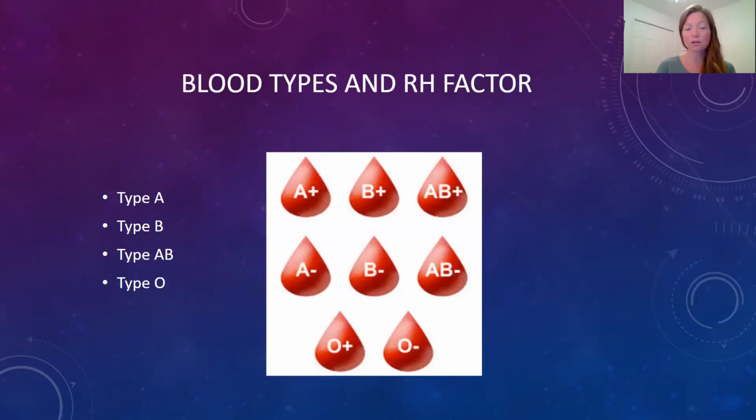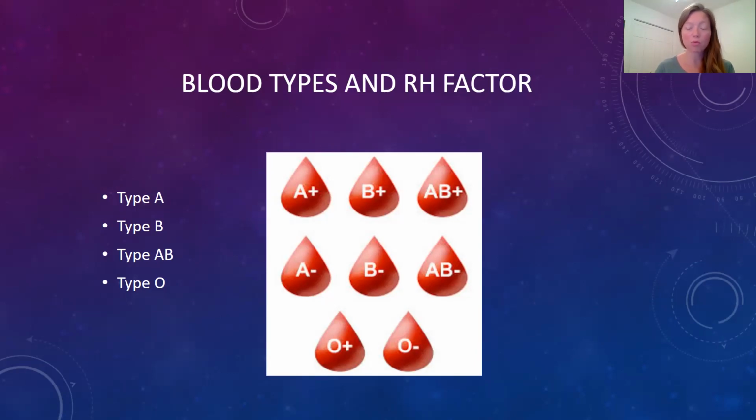And actually, O negative is a truly universal donor because they have neither A, B, or D antigens, and D is related to the Rh factor, which I'm going to talk about right now. So Rh factor or D antigen is present on red blood cells. People who are Rh positive have Rh antigens on the surface of their red blood cells.